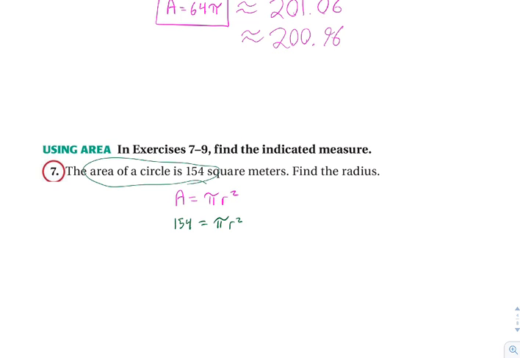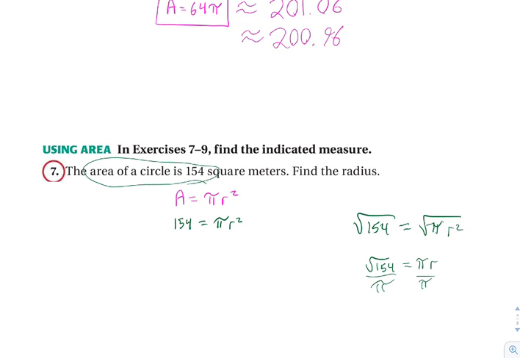A really common mistake here is people say let's square root both sides. You get the square root of 154 equals pi r, and then you divide by pi, and that's really close. Those are actually the right two steps in the wrong order.